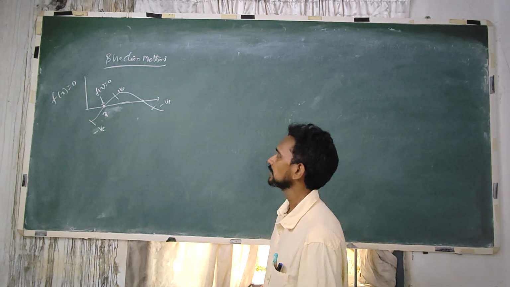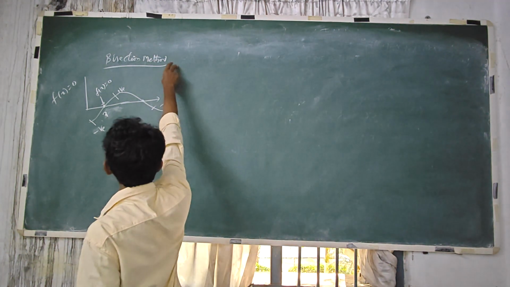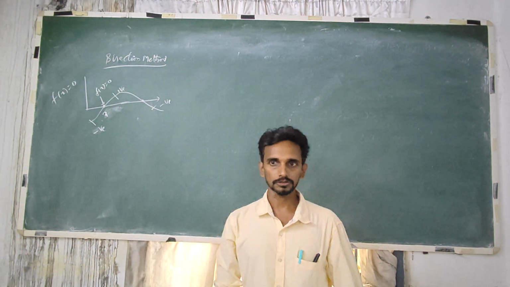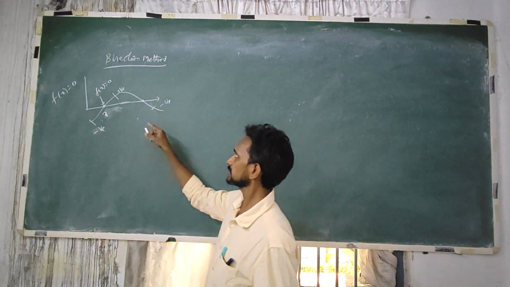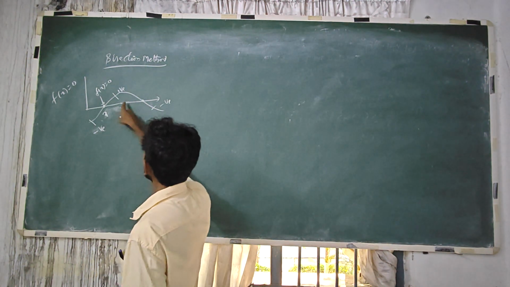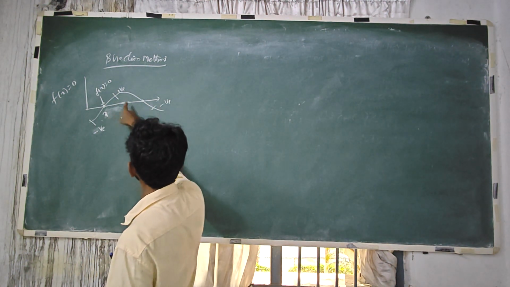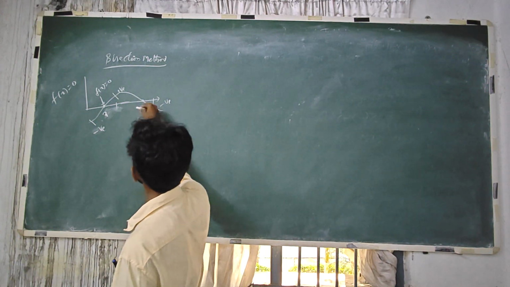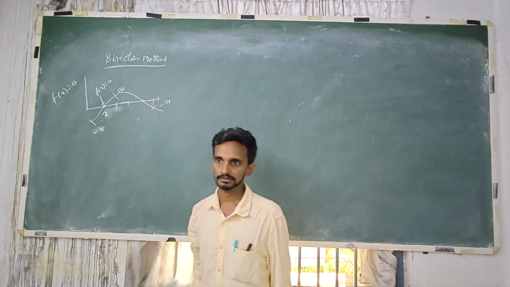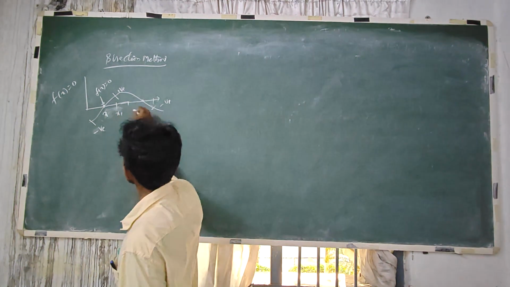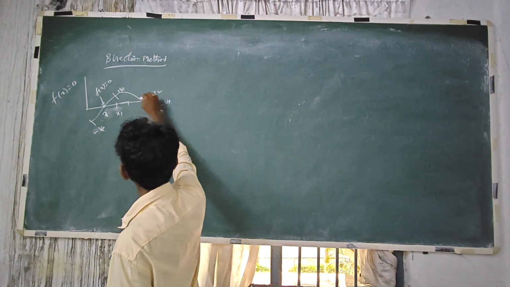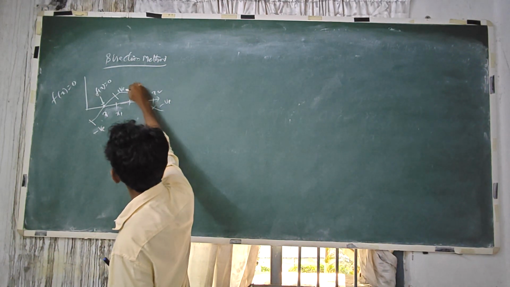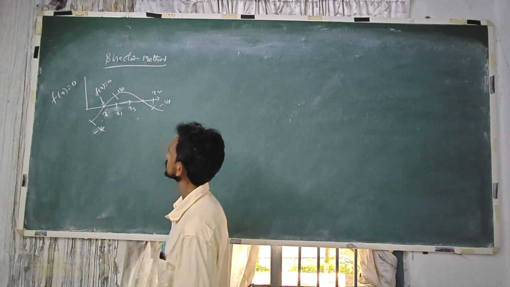So we'll be bisecting the interval always and rejecting the unwanted portion. Once you identify the interval, you just have to find the midpoint of the two. Let's say this is x1 and x2, the two end points. The midpoint of these two will be here, and I call it x3.